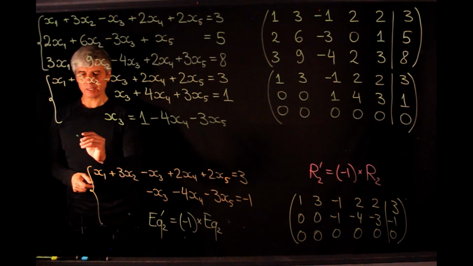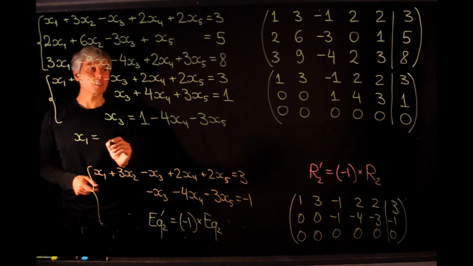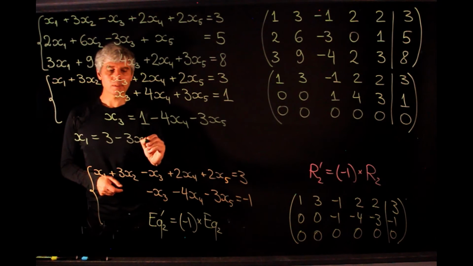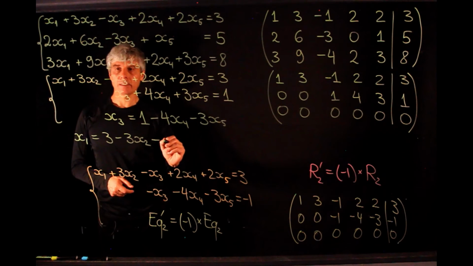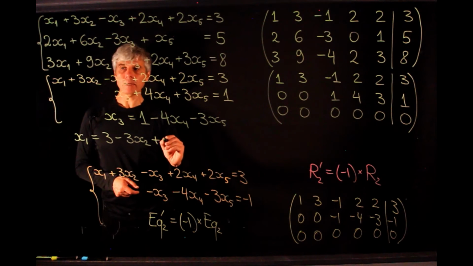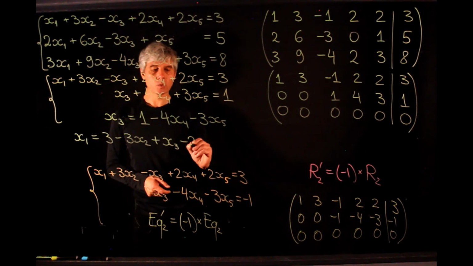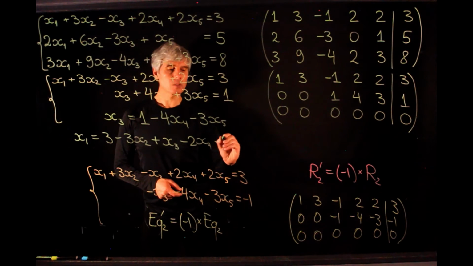So we get x1 is equal to 3 minus 3x2 plus x3 minus 2x4 and minus 2x5.